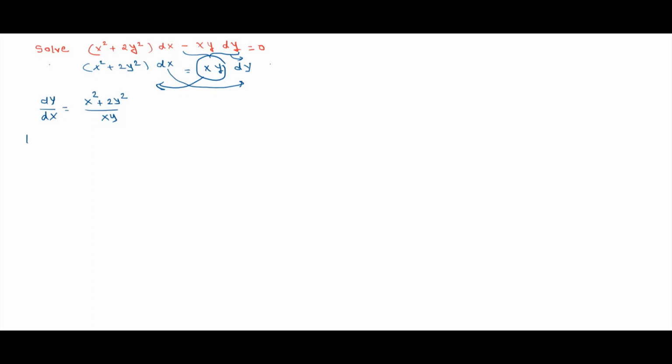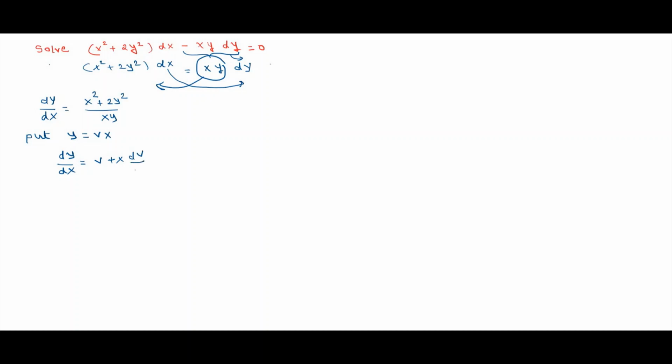Now what is the second step? We have to put y is equal to vx. Wherever you have y, substitute y is equal to vx. And if y is equal to vx, then the differentiation is dy by dx is equal to v plus x into dv by dx.